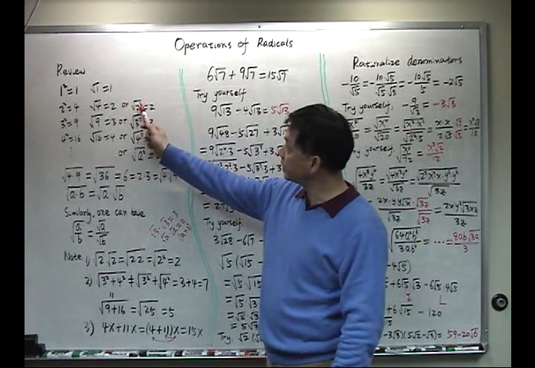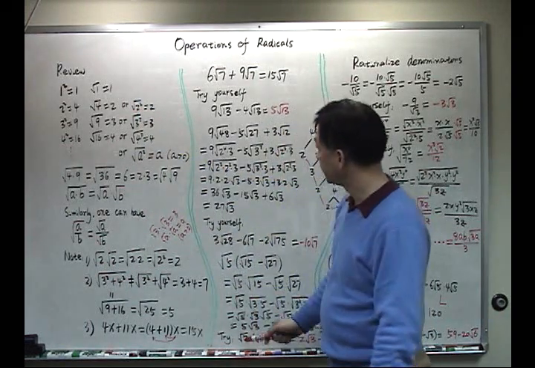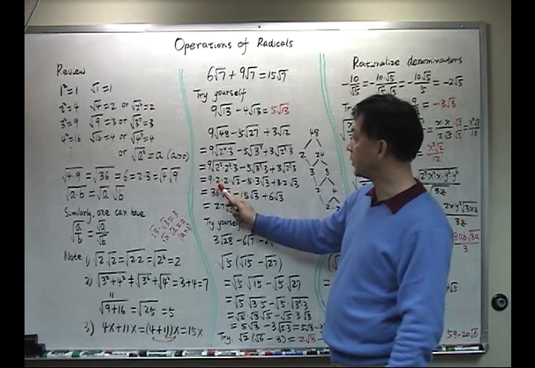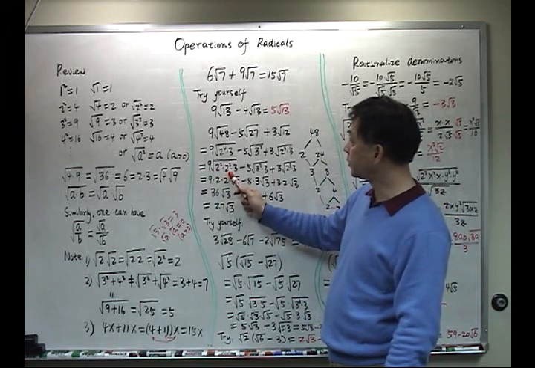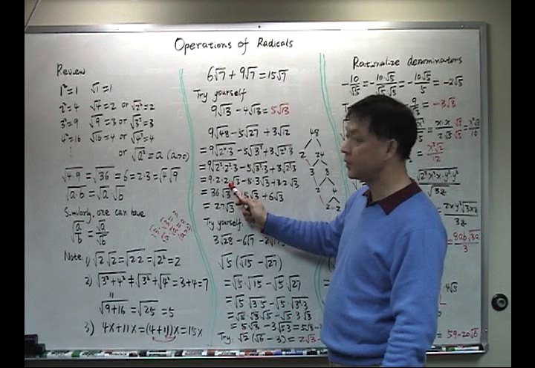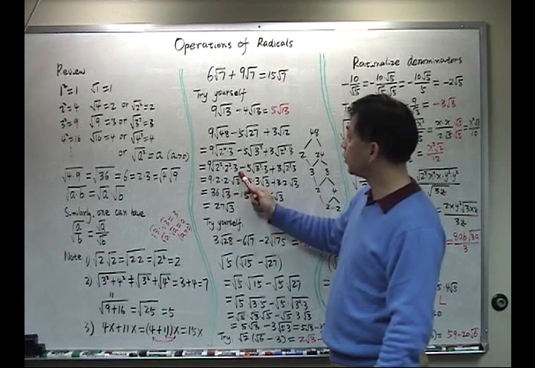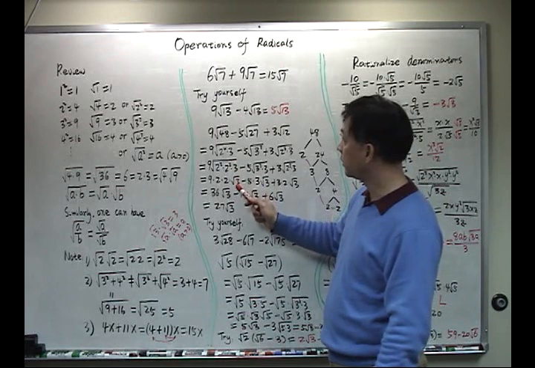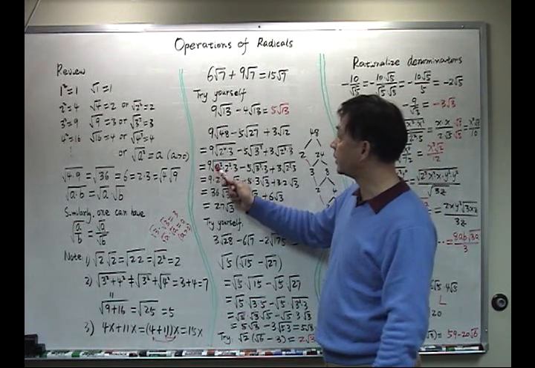Radical 2 squared is 2, so this 2 can be out. So 9 times 2. The second also is radical 2 squared, so 2 can be out. The third one, 3 without squared, so 3 stays inside the radical sign.